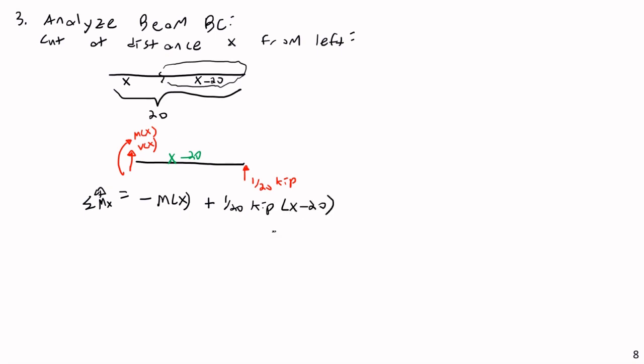And so solving for m of x, I get m of x is equal to 1/20th x minus 1. Or if I wanted to use that fancy subscript, m_v,BC, the virtual moment in element BC, is going to be equal to 1/20th x minus 1. And that is our final moment expression.